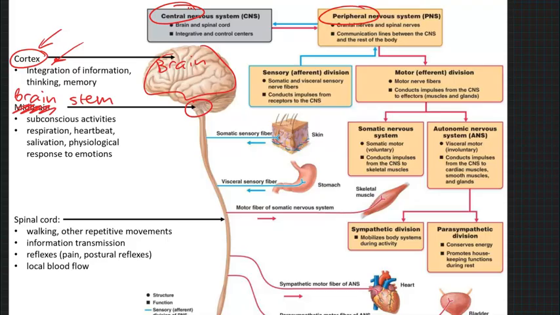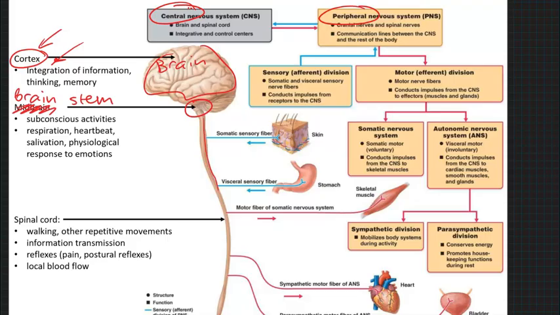Make sense? Or you see something scary, and it's scary for you, maybe not for someone else, and you develop that sympathetic response. Or you see a picture of pizza and you start salivating because you like pizza. So those kinds of involuntary activities belong to the brainstem.